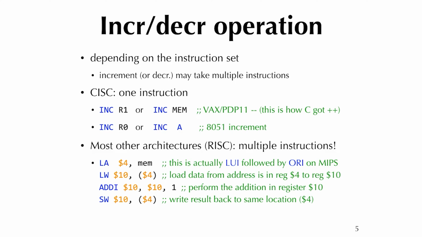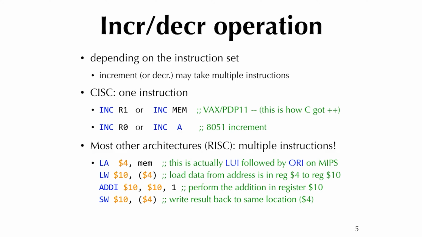So SW, store word, using the address or pointer already in register 4. What value? Well, the value in register 10. So a simple increment gets turned into, well, it looks like 4 instructions, but because the first one is really a pseudo instruction, there are really 5 machine instructions.